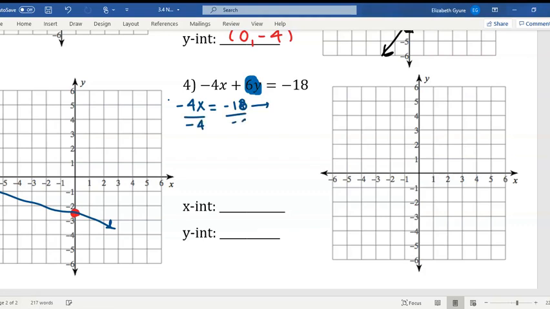Good. What's a negative divided by a negative? A positive, and then 18 divided by 4 gives us 4.5. Good. What's the appropriate way to write your x-intercept as a point? 4.5, comma 0. Good.